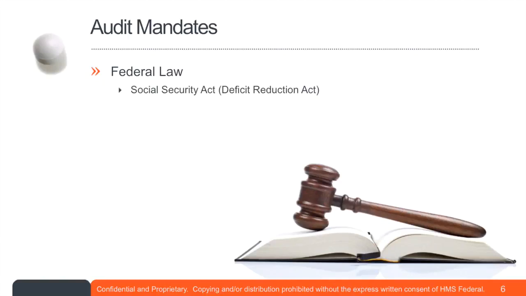The Deficit Reduction Act also requires pharmacies that receive at least $5 million annually to provide False Claims Act training, and those pharmacies also need to have written policies for detecting and preventing fraud, waste, and abuse.